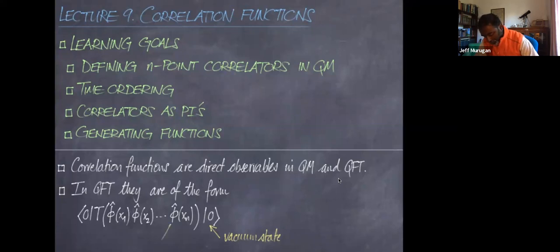These phi's are Heisenberg field operators, and the hat tells me that it's an operator. And this T is what we call a time ordering instruction or time ordering operator.